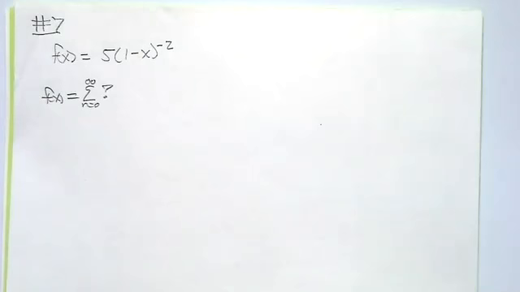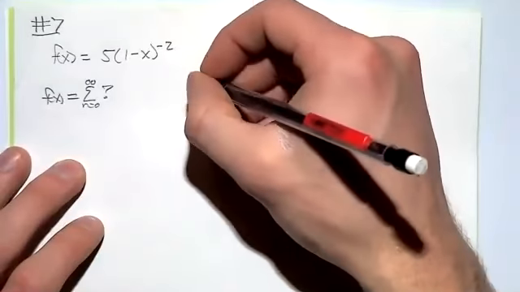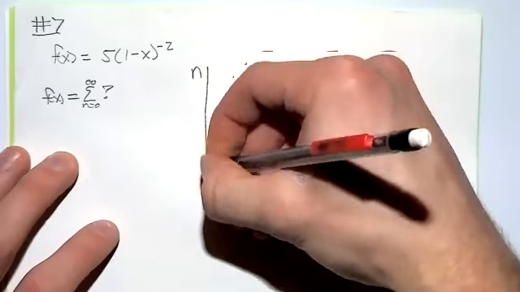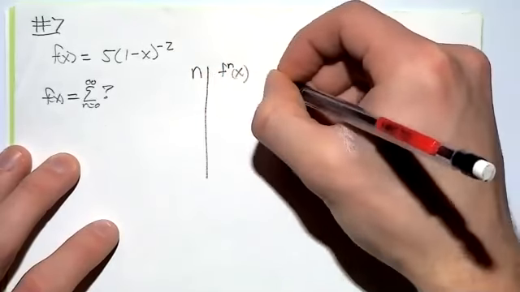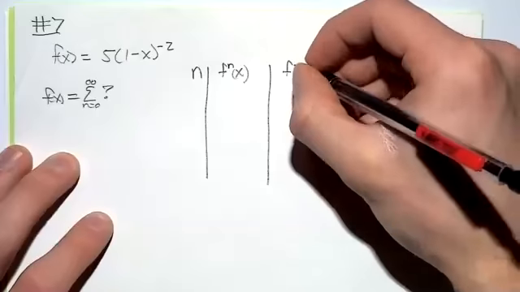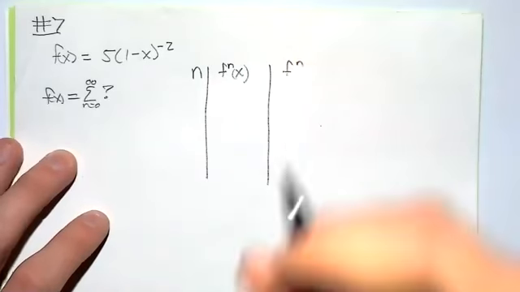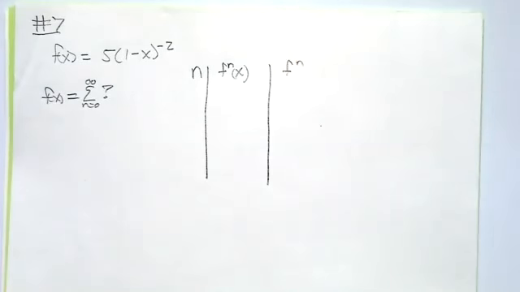So let's get started. As I said in the beginning, make a table. So we're going to have n, f^(n) of x, f^(n) of 0 in our case. Let me make sure that we are on question number 7?